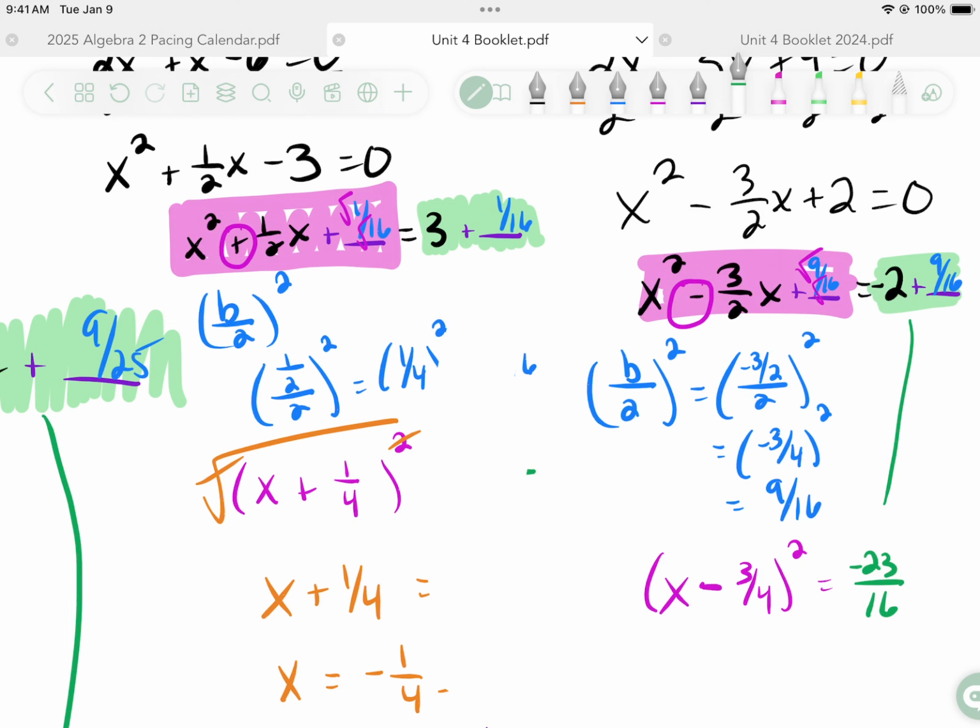And then take the square root. So x minus 3/4 equals plus minus the square root of negative 23 over 4, right? Because the square root of 16 is 4.